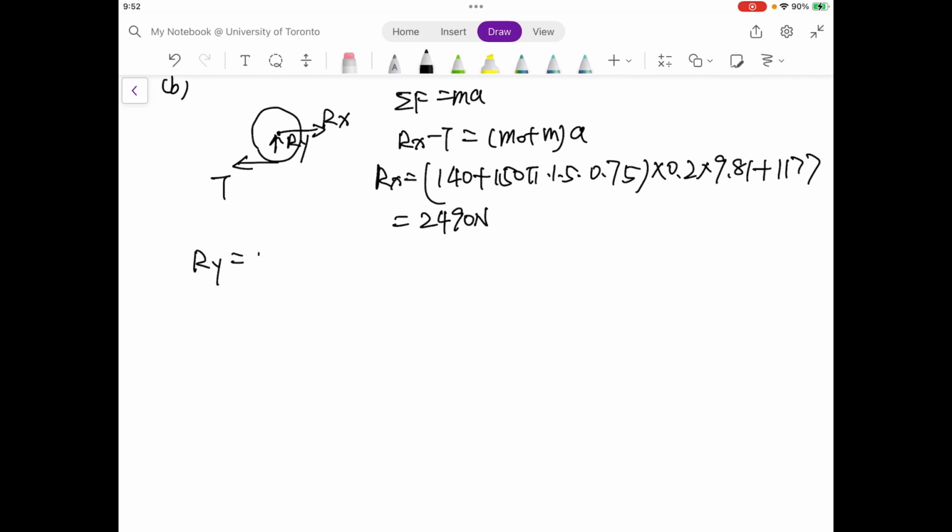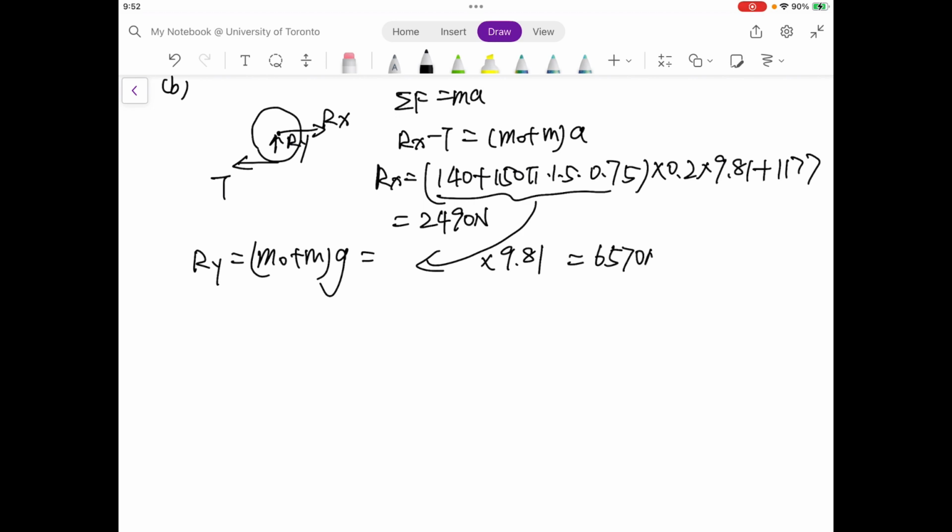Ry is equal to (Mo plus M) times G. This is equal to the same times 9.81. This is equal to 6570 Newton.